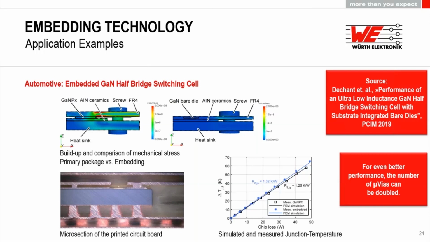In that build-up, we still can double the number of microwires connecting the component, so that we would get an even better effect. The only question is, how many more wires are you spending? Because this again goes into the cost calculation. The more wires you make, the more costly it gets. So you always need to find a trade-off between cost and performance.